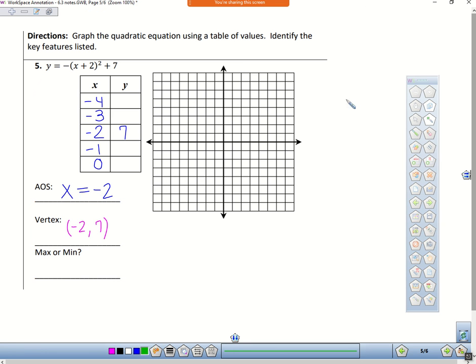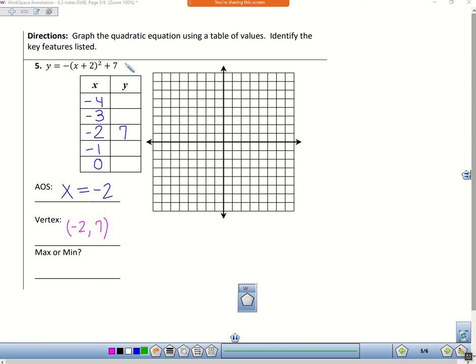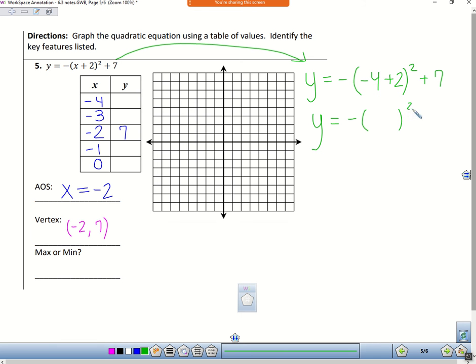The way we fill in the table on the y side is we take those x values we just came up with and plug them back into the equation. So let's plug in -4, okay? So we have y equals -(-4 plus 2) squared plus 7. We work inside the parentheses first. Remember PEMDAS? What is -4 plus 2? -2.